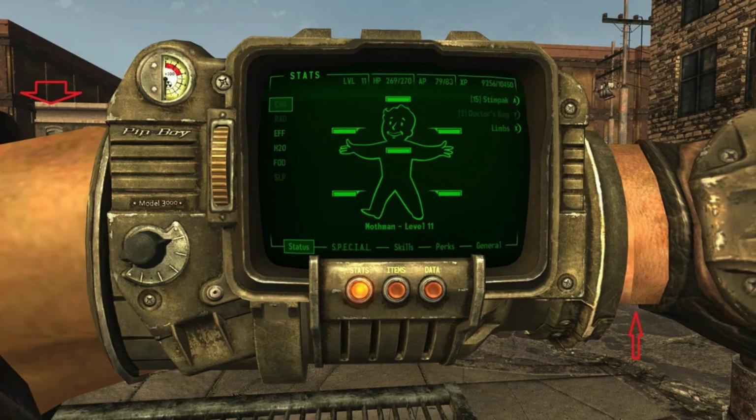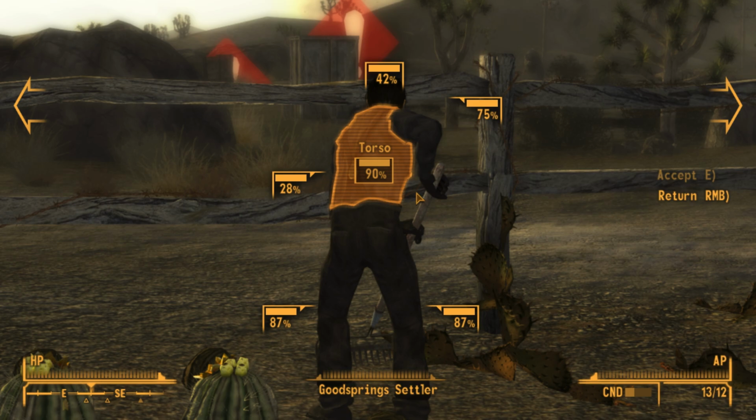Foundational rules are the underlying mathematical structure. For example, the Vault-Tec-assisted targeting system hit chance is a foundational rule, calculated using variables like the player's skill, the distance to the target, and the weapon's accuracy.